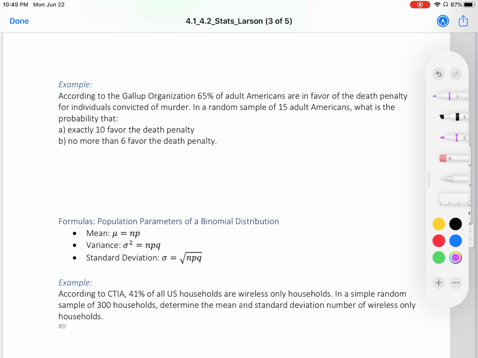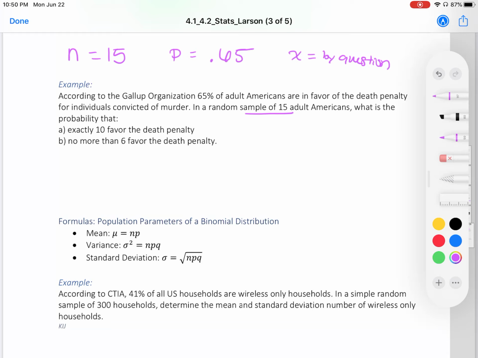All right, before we begin, let's figure out our N, our P, and our X. That will vary by question. N is your total random sample of 15 Americans. N is 15. Our percent, 0.65.